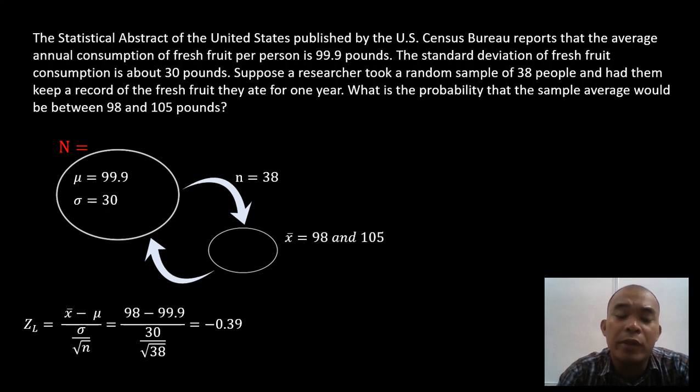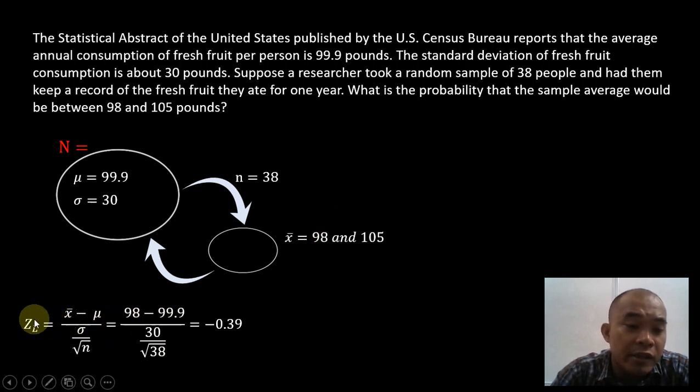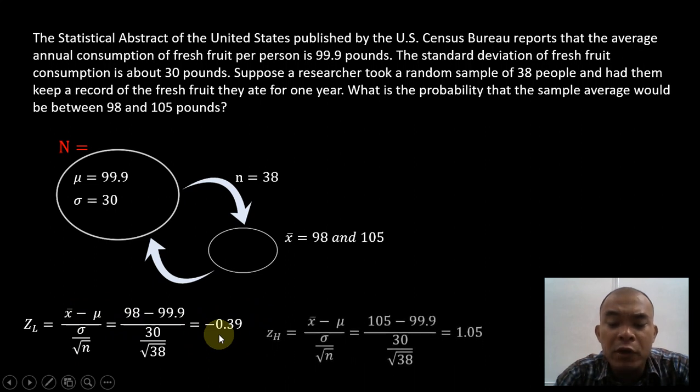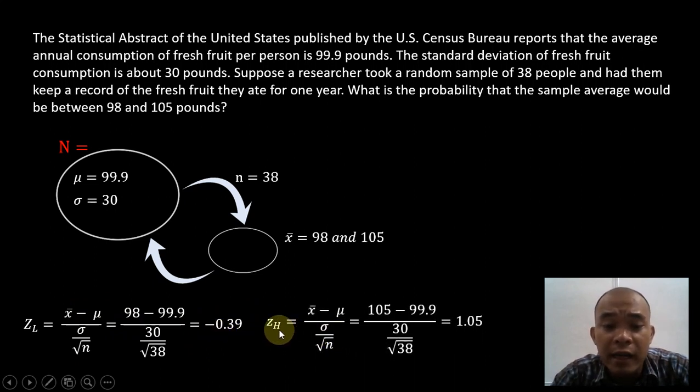The first is for the mean of 98. That is why I called it z low. If we solve the z low here, that is negative 0.39. And then we solve our z high, where we just replace the 98 here with our 105. So this is how you do it.